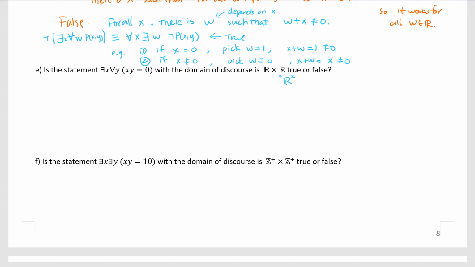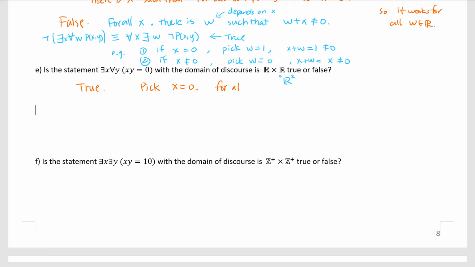Yes. Do you know what it is? Yes, that is the 0, right? So this is true because we can pick x to be 0. So 0 actually works for all values of y.